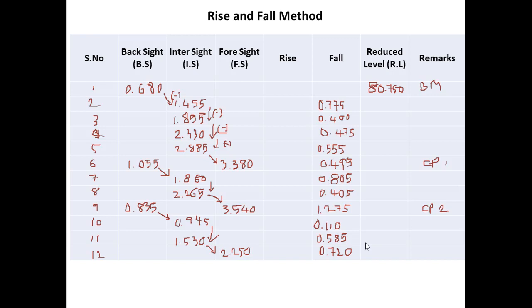So if it is rise we have to add, and if it is fall we have to deduct from the previous reduced level. So 80.750 minus 0.775 gives the answer of 79.975.